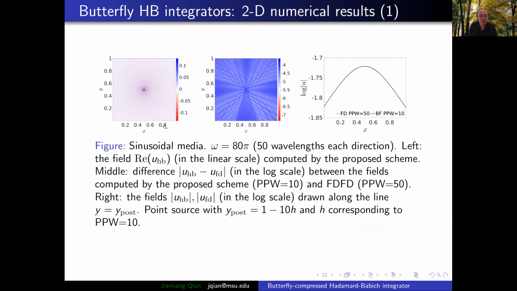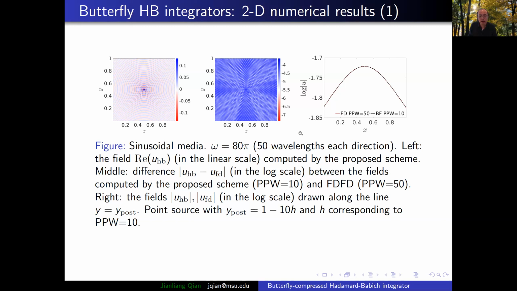Here is an inhomogeneous medium, some pseudo medium. We have an example with omega equal to 80 pi, which gives us 50 wavelengths in each direction. Right and left are the corresponding points, I think a point source. There is the wave field, and in the middle we have the difference between our solution and the finite difference solution.